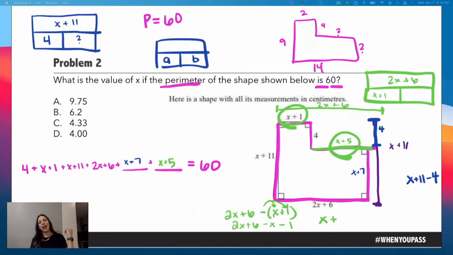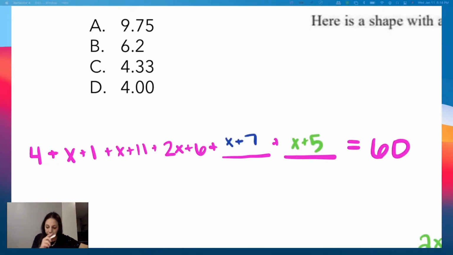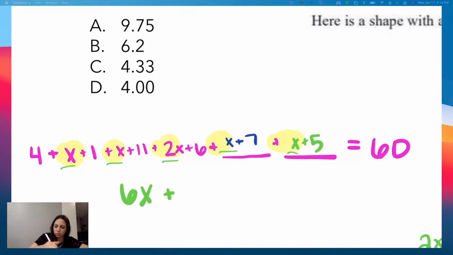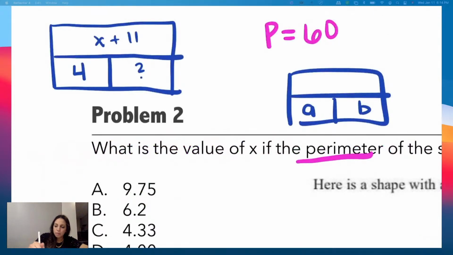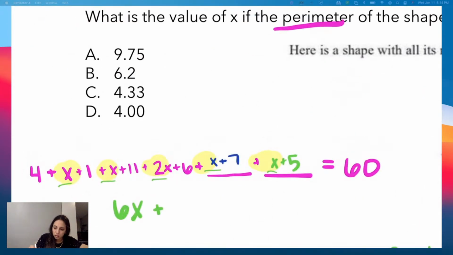All right. Now what I'm going to do is simplify all of this. So I'm going to find all my x terms, and I'm going to combine them. 1, 2, 3, 4, 5, 6 x's plus 4 plus 1 plus 11 plus 6 plus 7 plus 5.